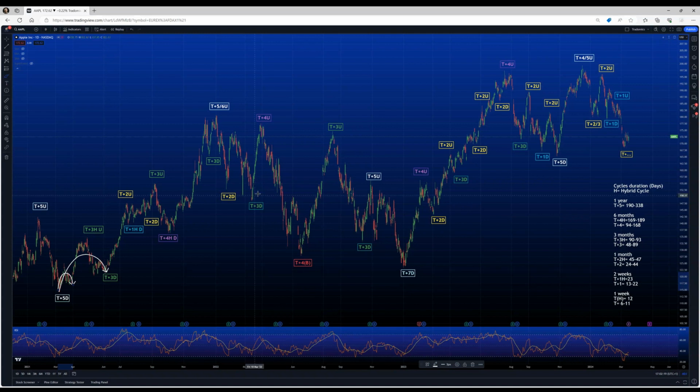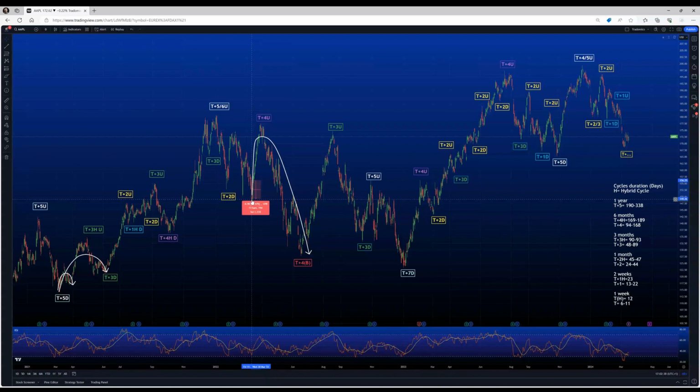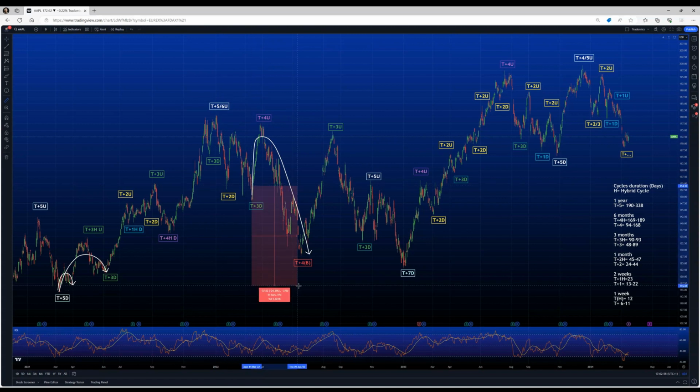In this case, for example, we had a negative downward cycle, but we had at least 13 days, so 13 bars higher than this point, and that's why this helped us understand that this one was a T plus 3, because this necessary condition was already fulfilled. So after it, we had a downtrend, and this T plus 3 ended after 65 days.